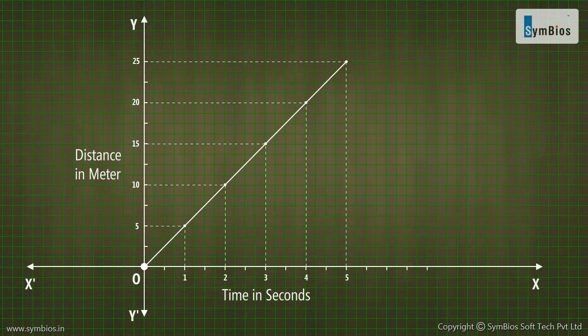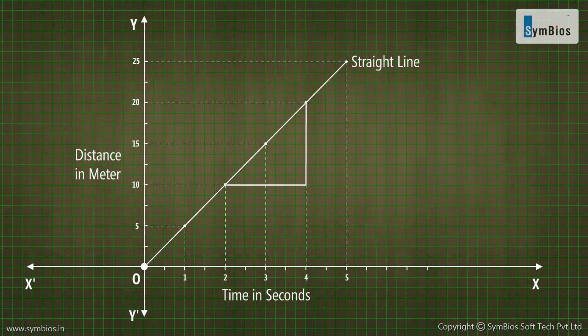In this case, the graph of the distance and time is a straight line moving away from the time and distance axis. The slope of the graph gives us the uniform speed of the body.